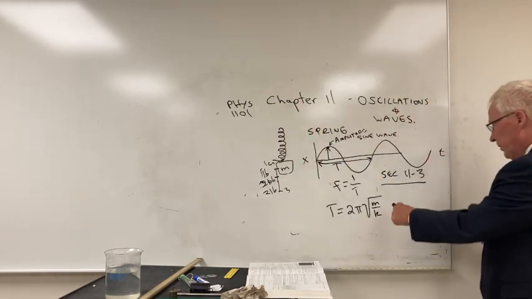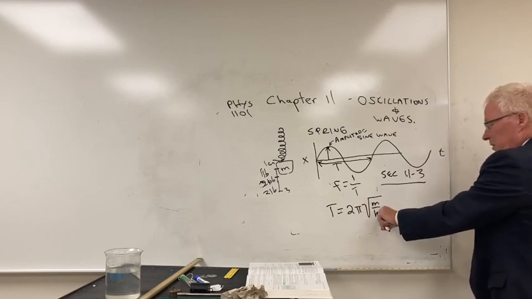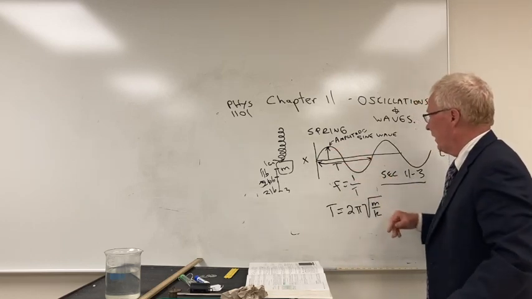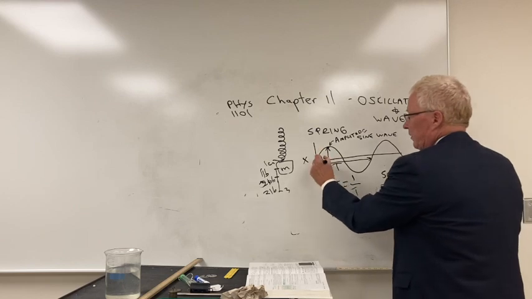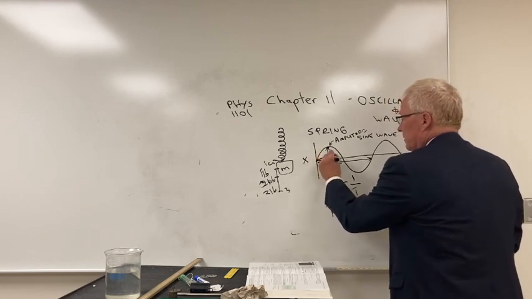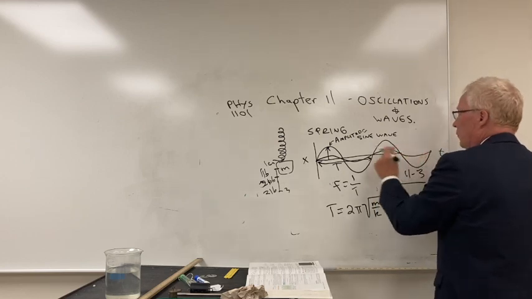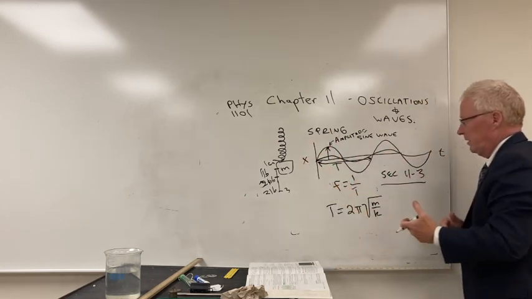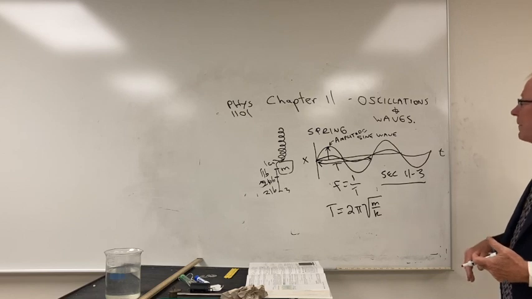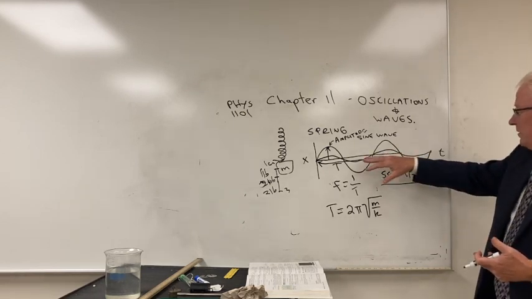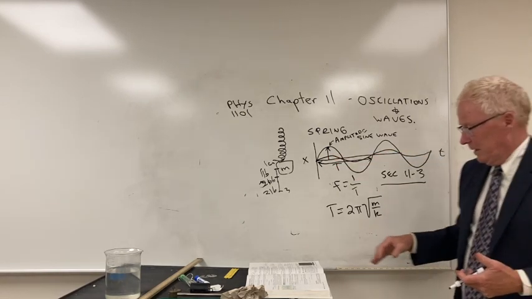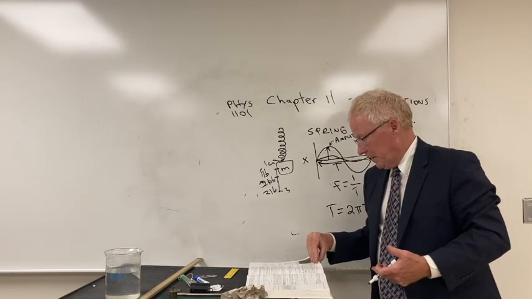It only depends on the mass, and it only depends on the spring constant. It has nothing to do with the amplitude. So if I was to pull it down a little bit, we'd see something like this. It would only have a smaller amplitude, but the period and the frequency would still be the same. All the difference here is that this has a smaller amplitude.